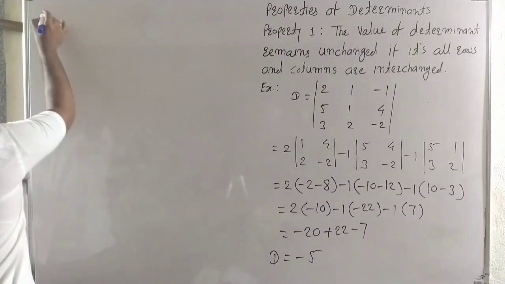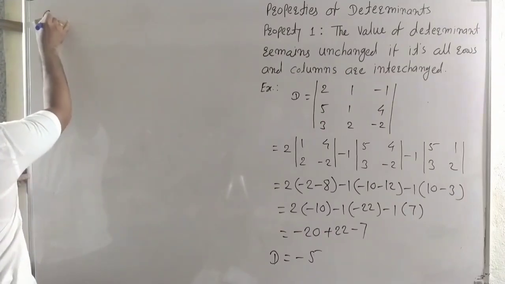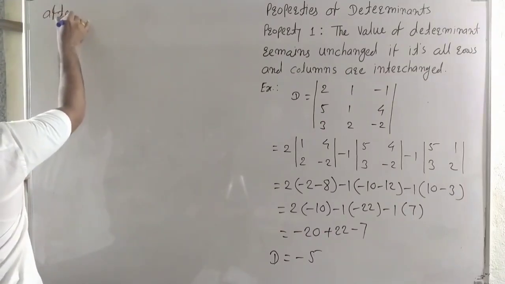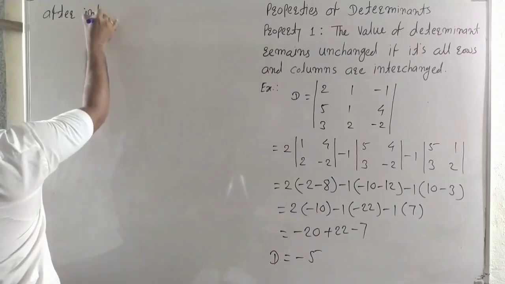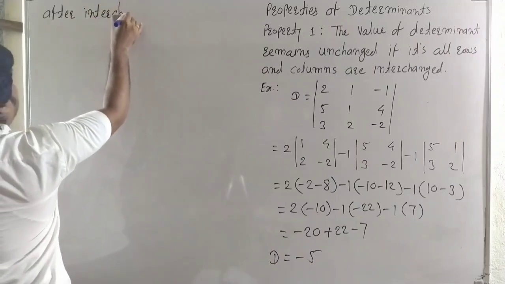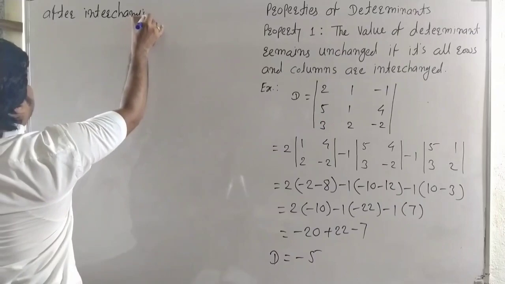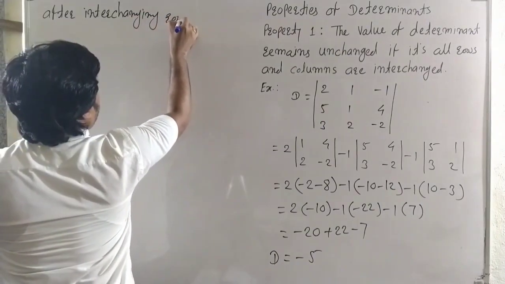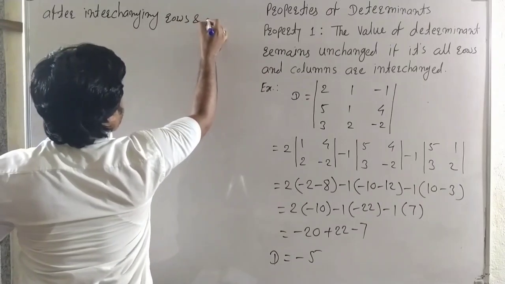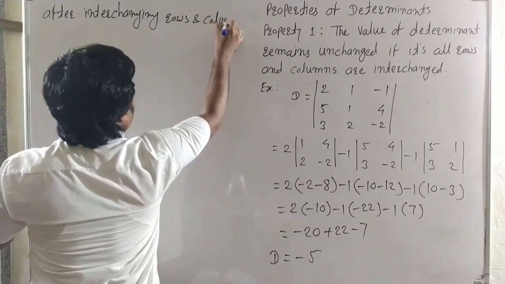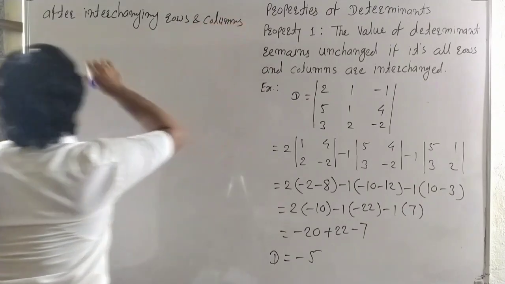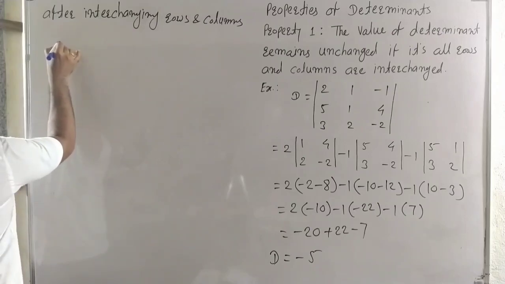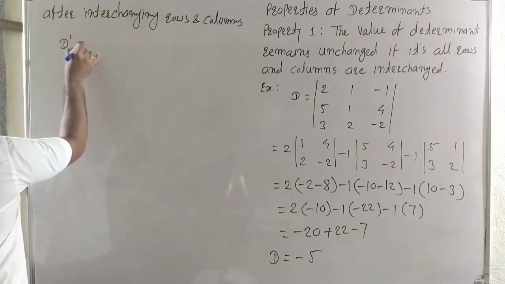Here, after interchanging rows and columns, we get the determinant, suppose D dash.